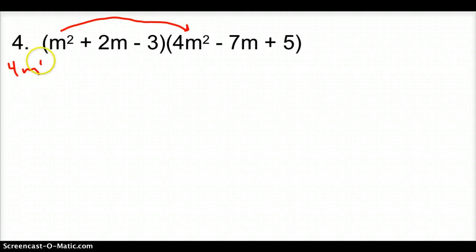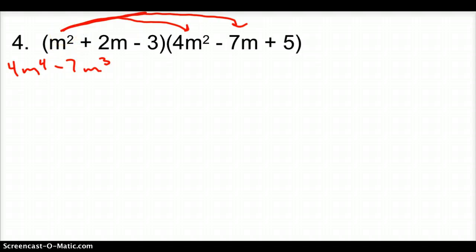Remember to add the exponents. I'm going to take that same guy and multiply it to the middle one to give me a negative 7m cubed. And then from there I'm going to take it all the way over to the other end to give me a plus 5m squared.